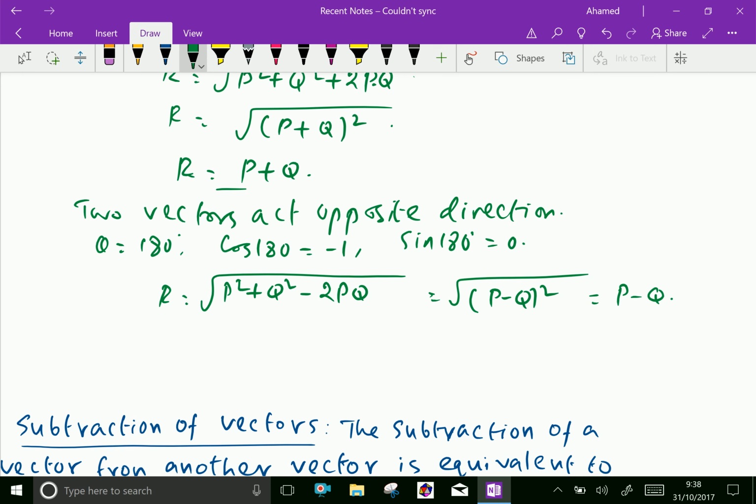Suppose two vectors act in opposite directions, then the resultant is the subtraction of the vectors.